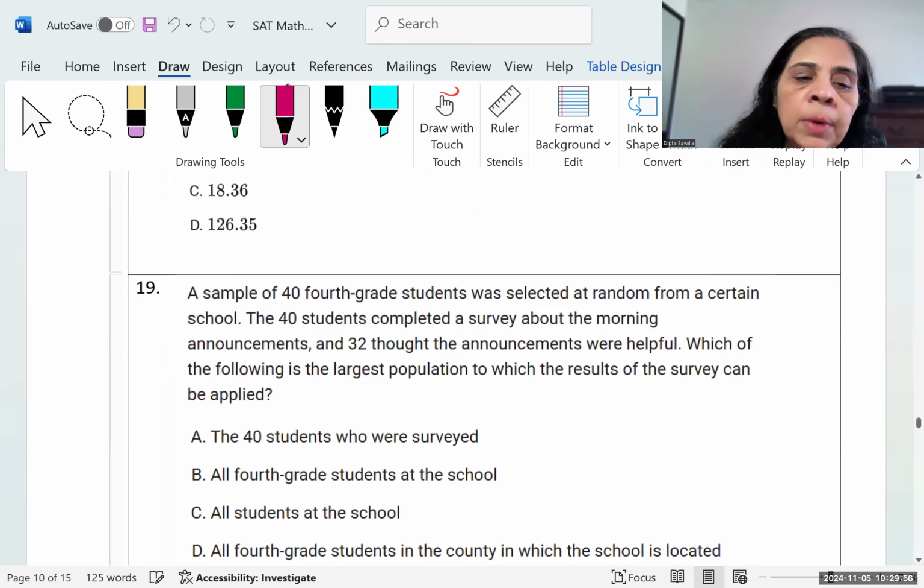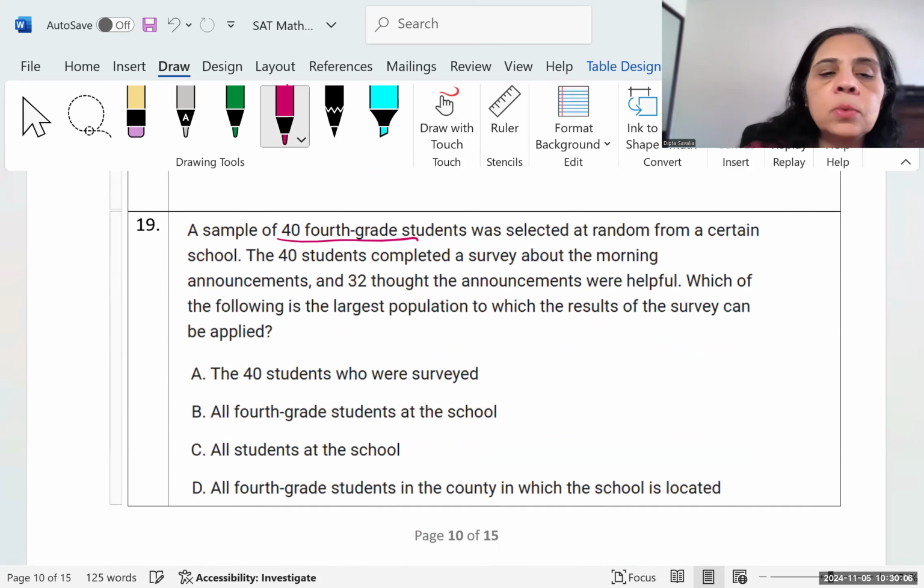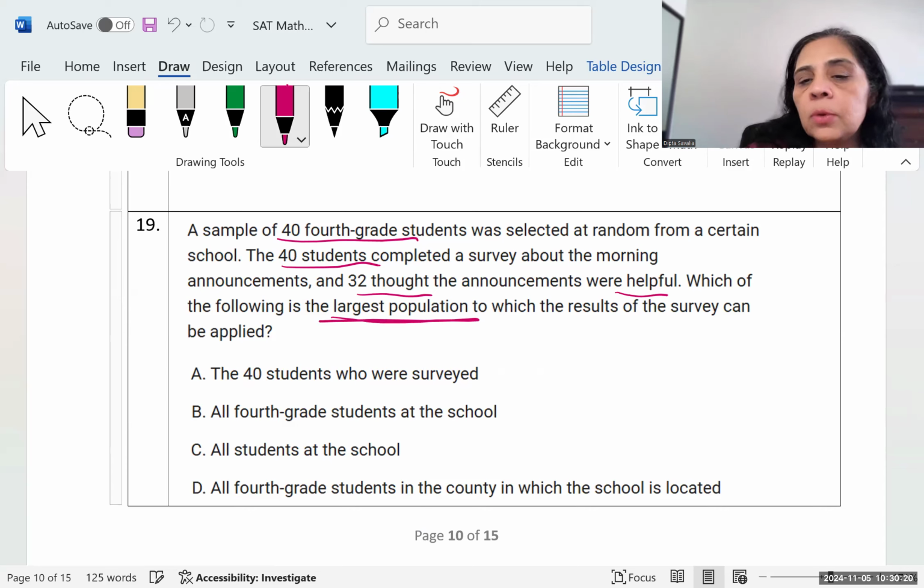All right, number 19. A sample of 40 fourth grade students was selected at random from a certain school. The 40 students completed a survey about the morning announcement, and 32 thought the announcement was helpful. Which of the following is the largest population to which the result of the survey can be applied?